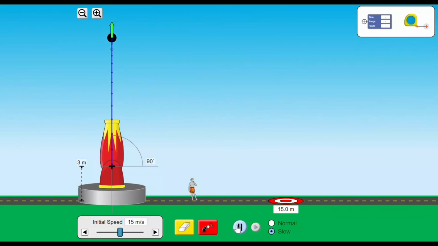Up until the maximum height where the velocity is 0, you can see here that the arrow becomes non-existent essentially, right? For a split second, the velocity is 0 at the maximum height. And then as the object goes down, the velocity will start increasing once more, like we have talked about in the theory, okay? So yes, that is how it looks.